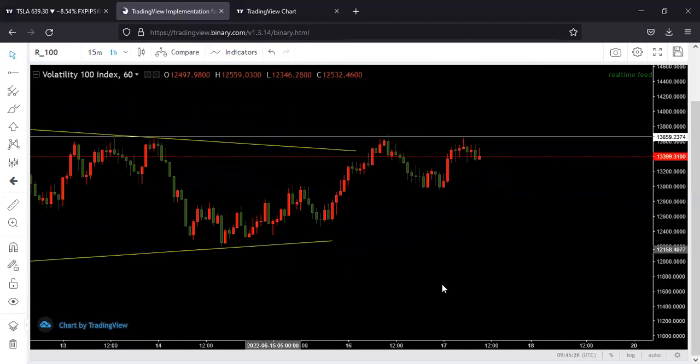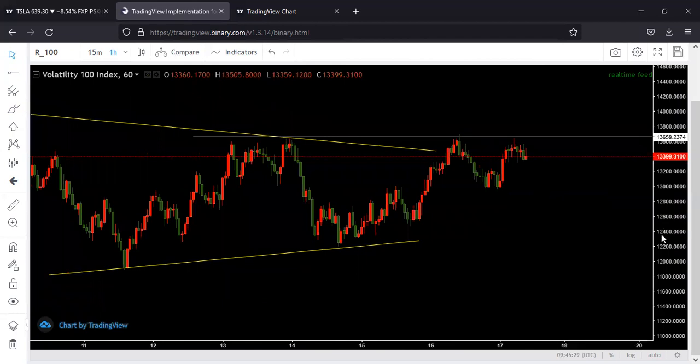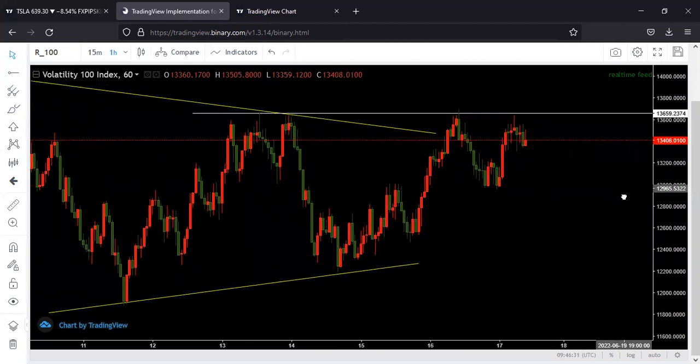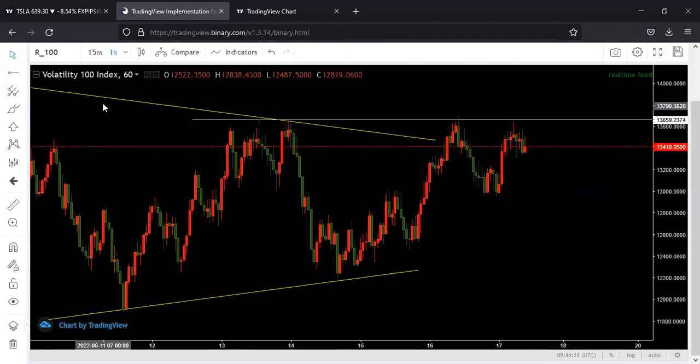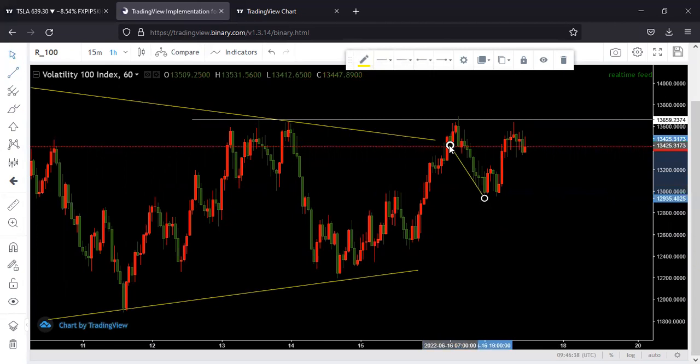So on this time frame, guys, you can see we're having some sort of reversal. So first of all, guys, I'm going to take my trend line as usual. I'm going to draw it from this point to this point, from the starting point of the correction, like this one.